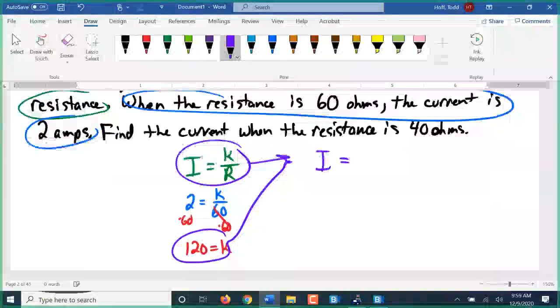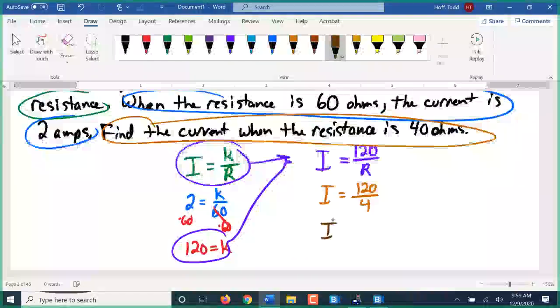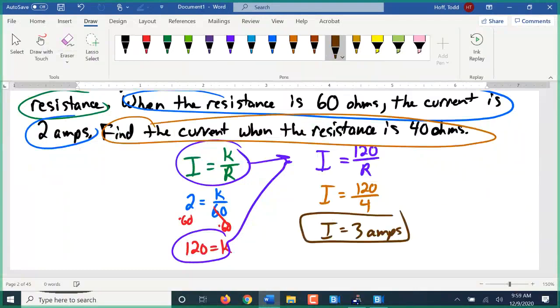I does not just equal K divided by R, it's actually 120 divided by R. And now we're asked to find the current when the resistance is 40 ohms. So we put 40 in for R. 120 divided by 40 is 3 amps. Current is 3 amps when the resistance is 40 ohms.